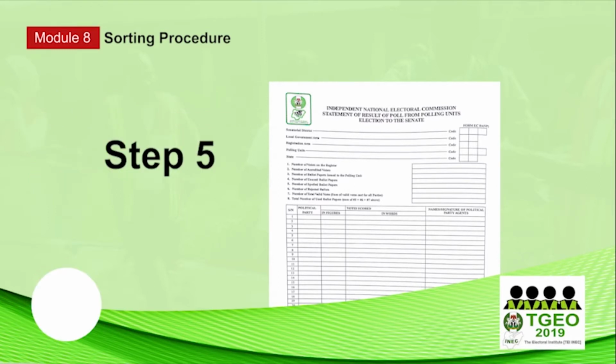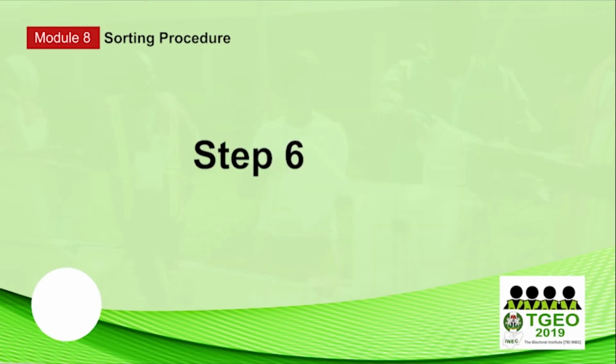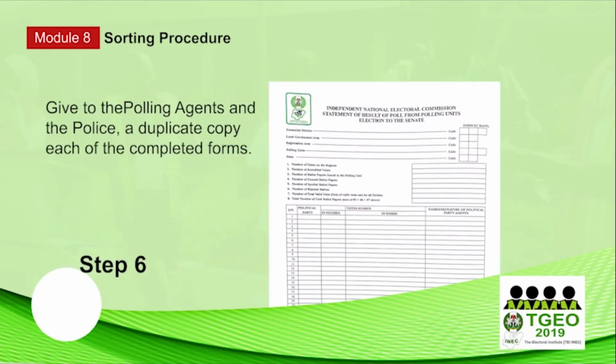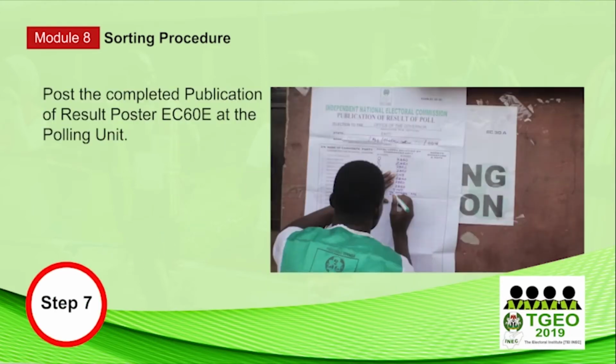Step 5. Keep the originals of EC8 series and the first pink copies for the Commission. Step 6. Give to the polling agents and the police a duplicate copy each of the completed forms. Step 7. Post the completed publication of result poster EC60E at the polling unit.